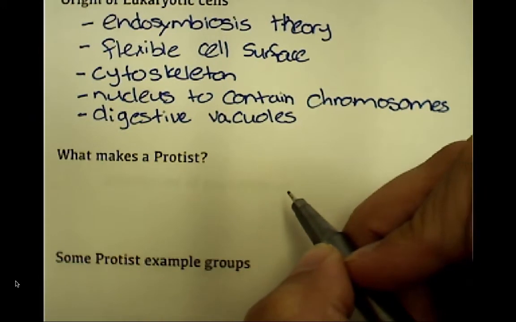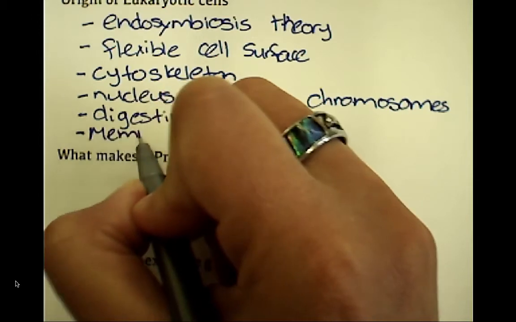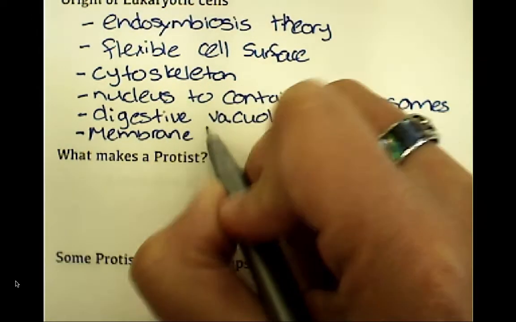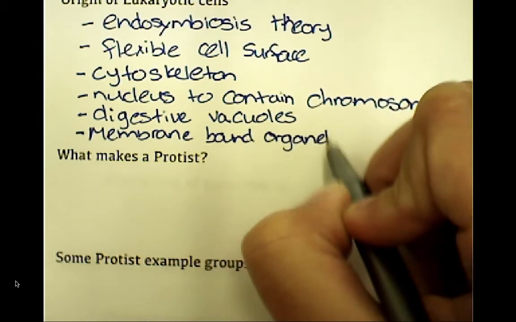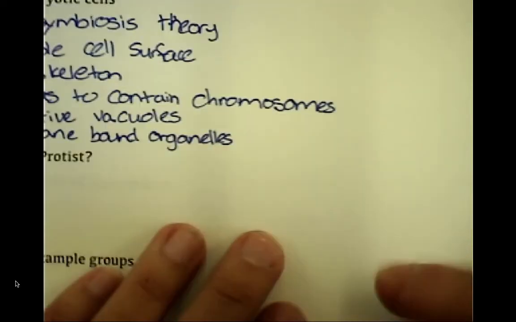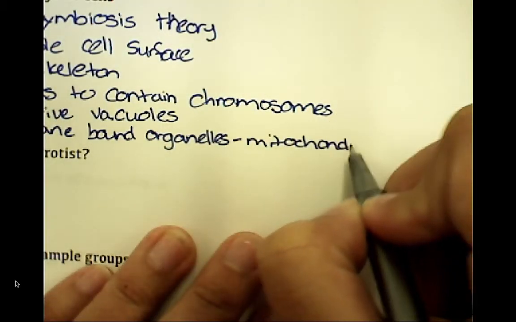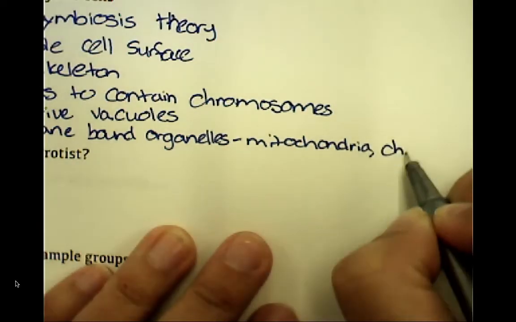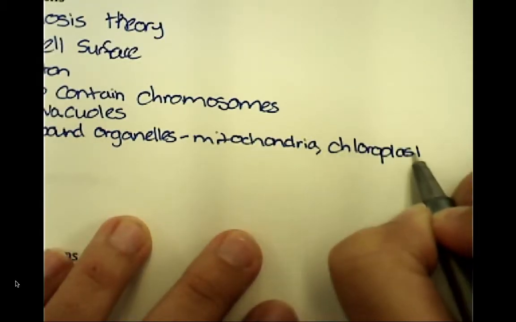Oh, I'm running out of space. They have membrane-bound organelles. There's one more after this, so sorry. Membrane-bound organelles like mitochondria, chloroplast if you're a plant or photosynthetic organism.